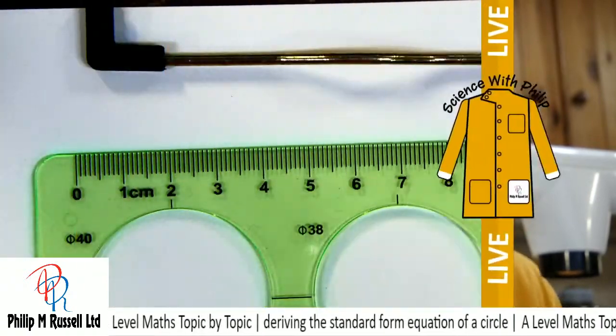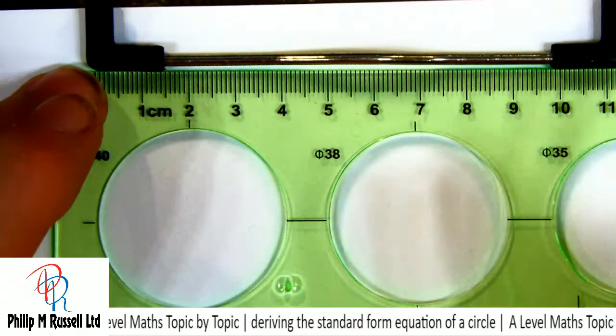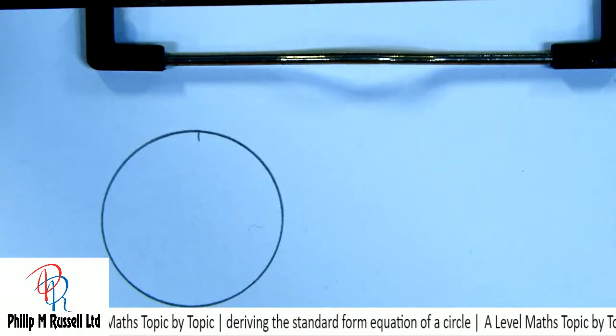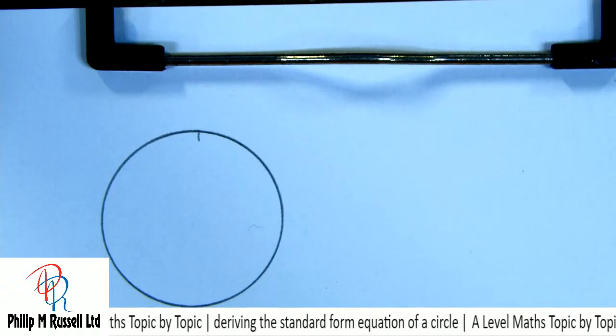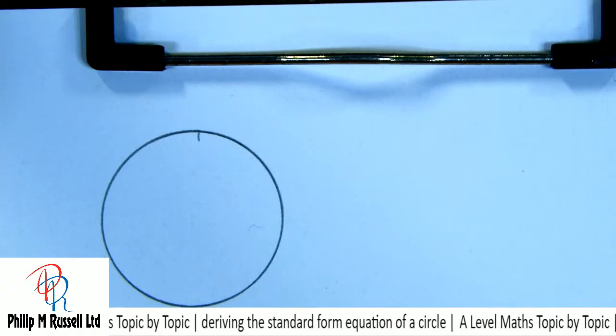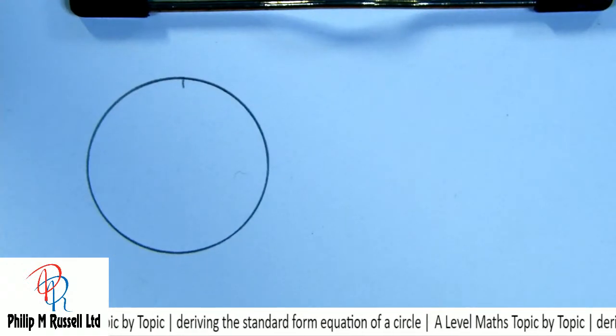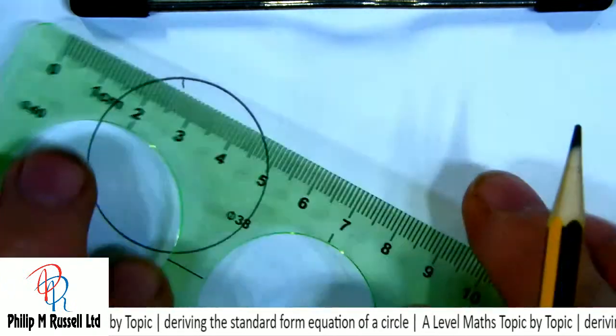So let's choose again a little circle, and let's have on this circle a triangle. So let's throw in some sort of triangle.